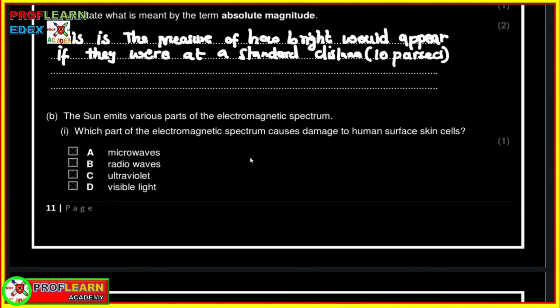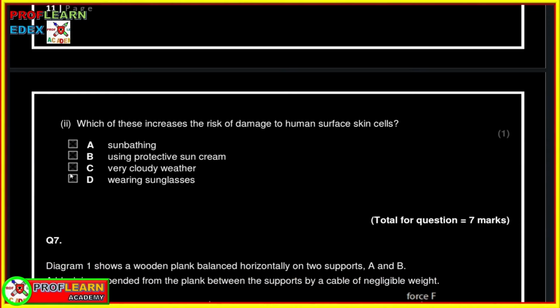All right, in question B, we are told the sun emits various parts of the electromagnetic spectrum. Which part of the electromagnetic spectrum causes damage to the human surface skin cells? Well, this is ultraviolet, UV. And then we are asked which of these increases the risk of damage to human surface skin cells.